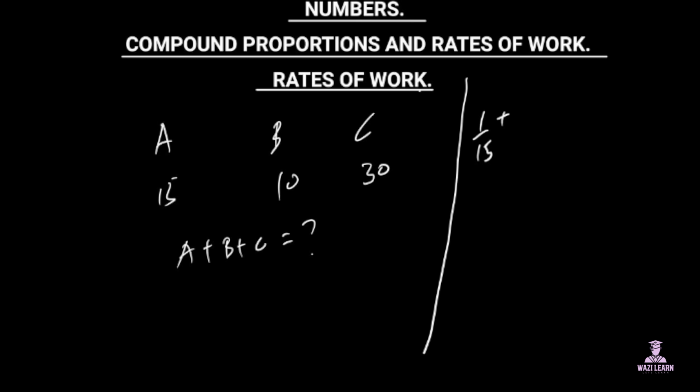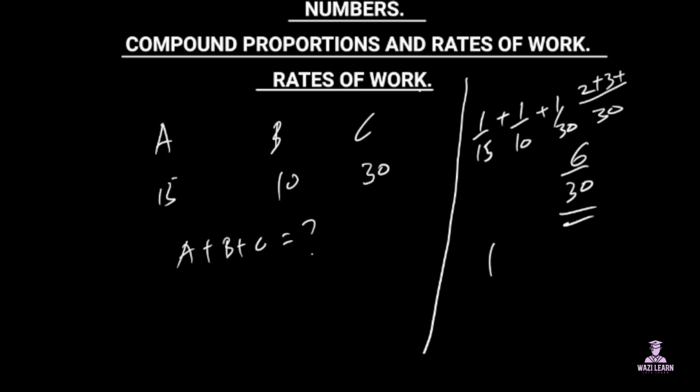B will finish 1 over 10, and then C will finish 1 over 30 of the work. So my LCM here is 30. So it will be 2 plus 3 plus 1, so it will be 6 over 30. So when working together, in 1 day they'll finish 6 over 30 of the work.